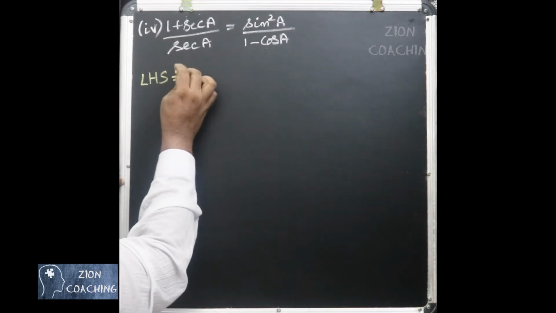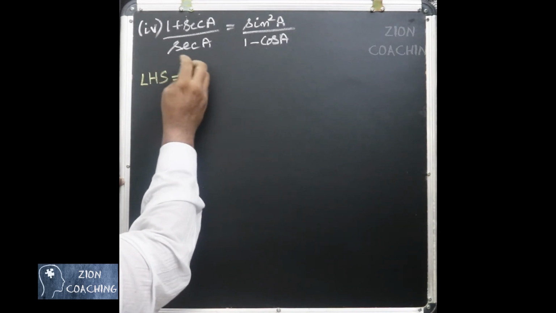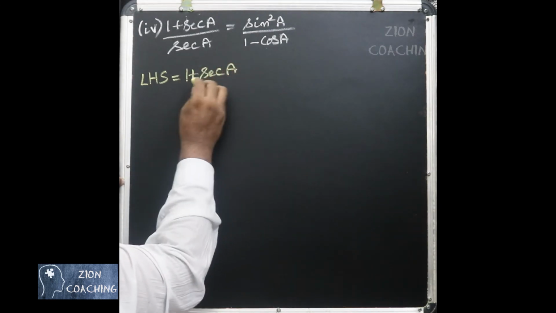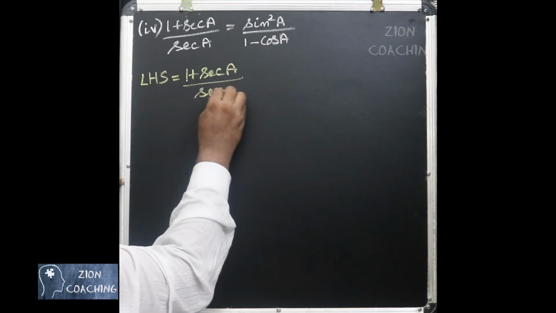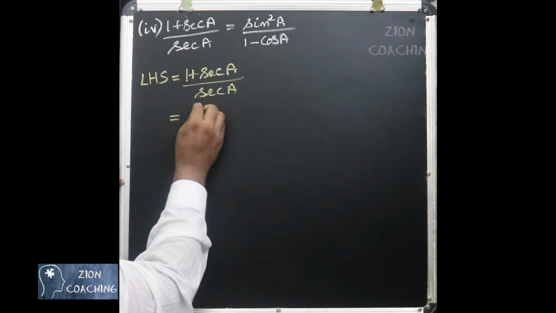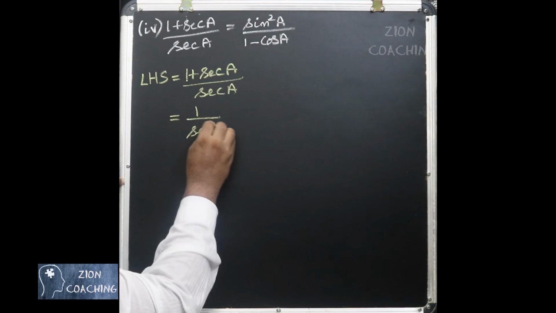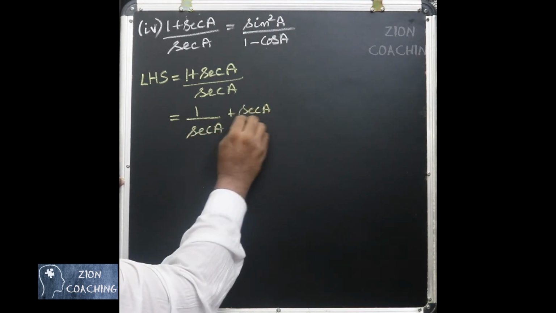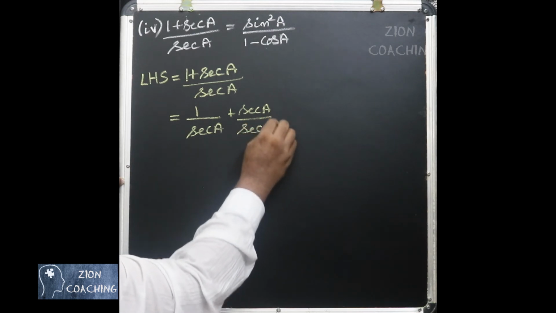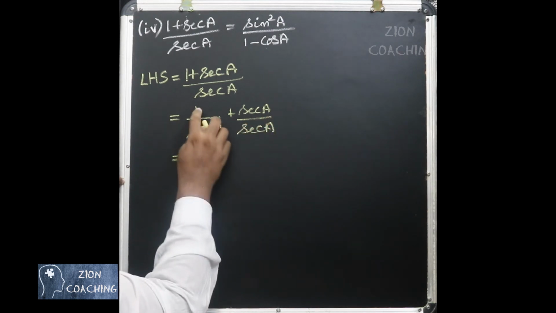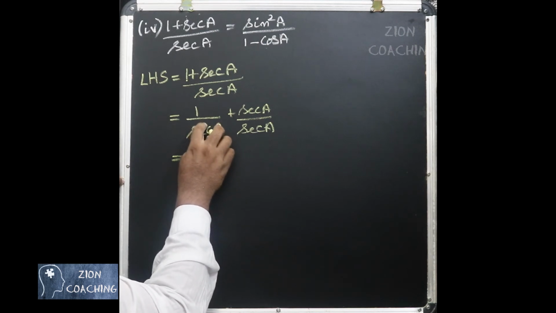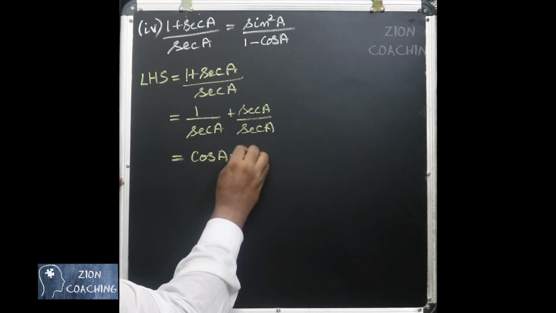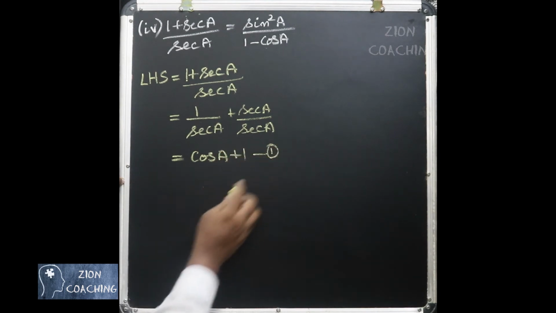Our LHS, that is the left hand side of that equation, is 1 plus secant A by secant A. When you write it separately, you will have 1 by secant A plus secant A by secant A, which is nothing but, you know that secant is inverse of cos, so you are going to have cos A plus 1. Keep this as answer 1.